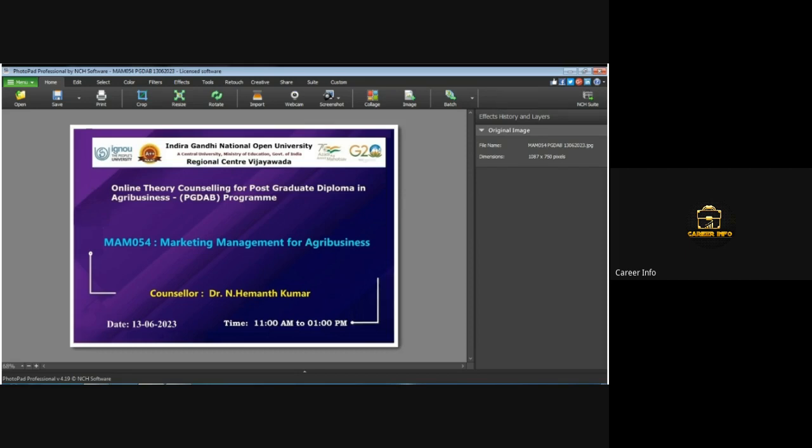Moreover, if you want to define the environment, there are normally two types: micro environment and macro environment. The macro environment deals with the socio-cultural environment, which includes the cultural aspects of an individual, of a particular society or a group of people.